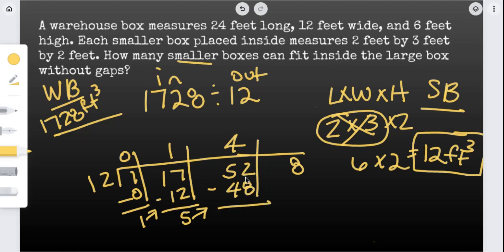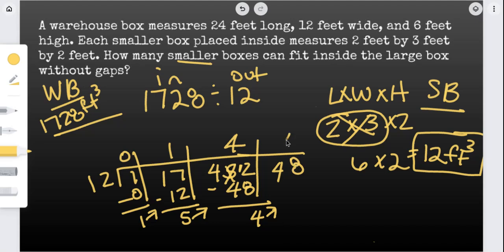I can't say 2 minus 8, so I'm going to have to do some borrowing. And it's like taking 10 back over. So 10 plus 2 gives me 12. 12 minus 8 is 4, and 4 minus 4 is 0. Okay? And then slide over my 4. And we just looked at 4 groups of 12, or 4 times 12 is 48.